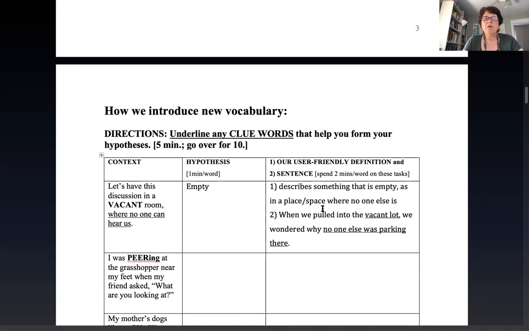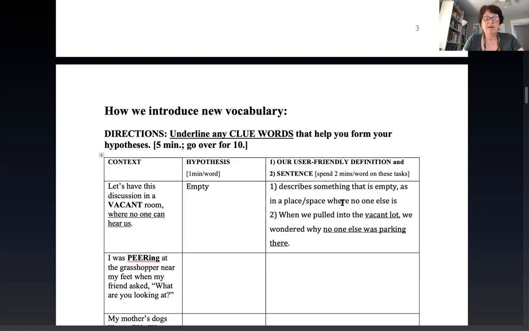We use what we call a hypothesis sheet. And we give the students, first of all, the vocabulary word capitalized in a sentence with robust context. And then they have a minute to try to infer what they think that word means. And then we have a whole class discussion where we put together a user-friendly definition.